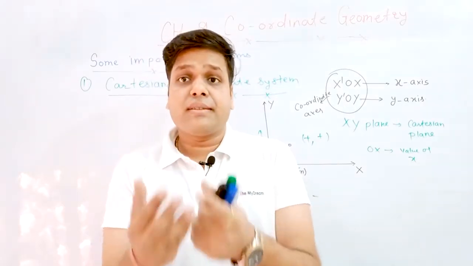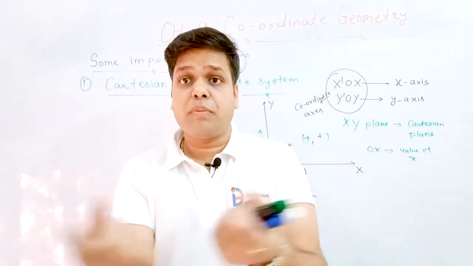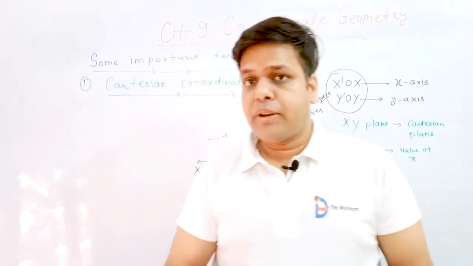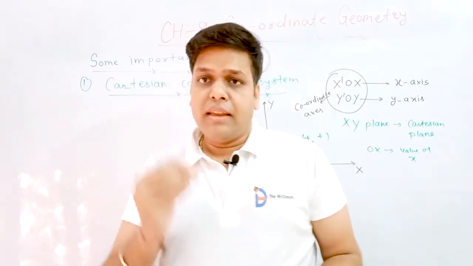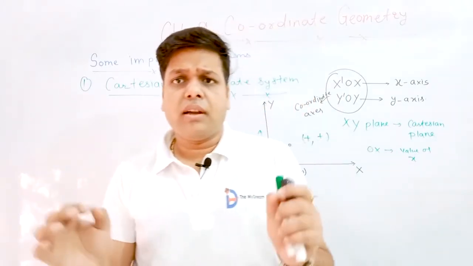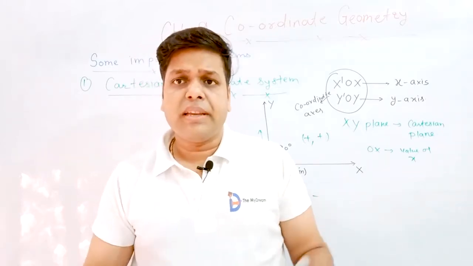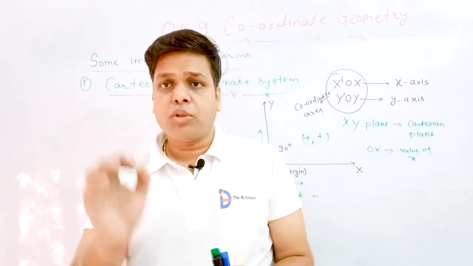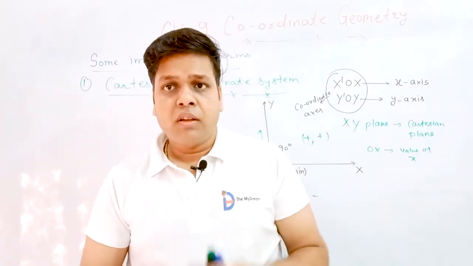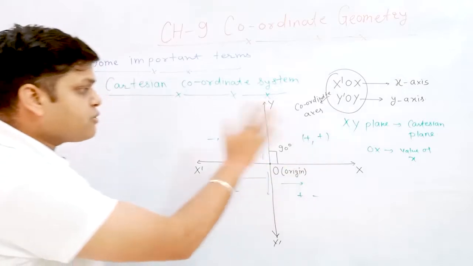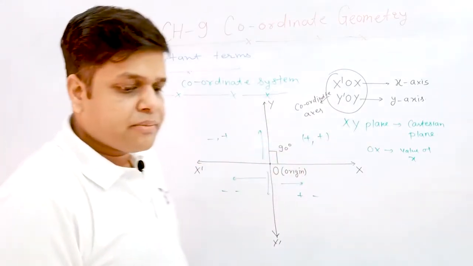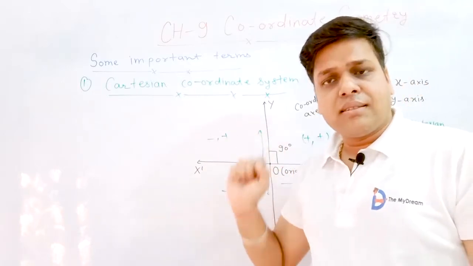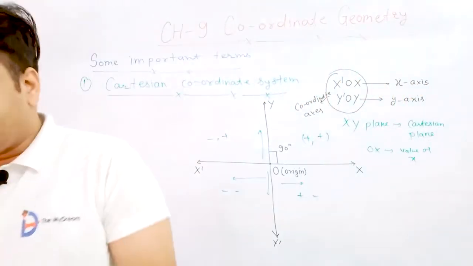And if we are discussing 3D space, we have to describe three components. In our syllabus, we discuss only 2D geometry, so we only define two components of the position of a point. This is our reference plane, the Cartesian plane, and you already discussed it in class 9th.